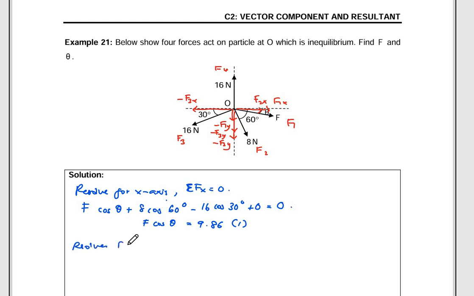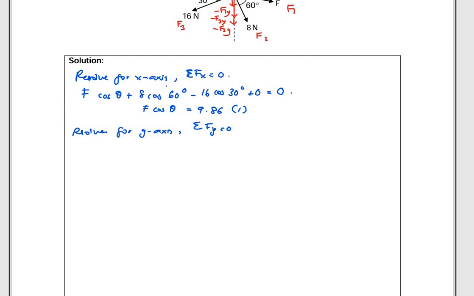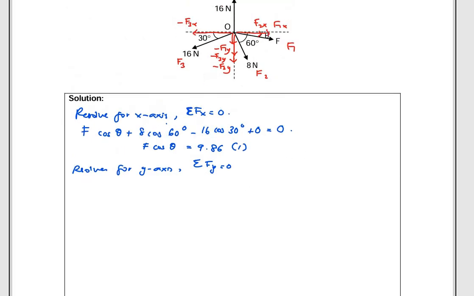Okay, resolve for y-axis, meaning that the summation of Fy is equivalent to 0. Untuk F1, y dia ke bawah, negatif, negatif F sin theta. F2 pun negatif, negatif 8 sin 60.